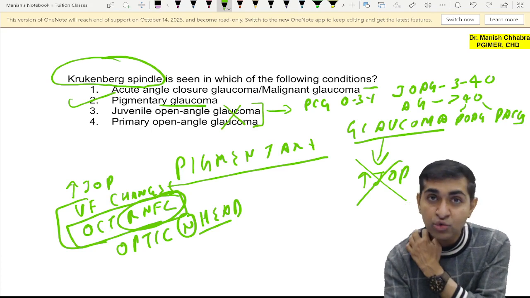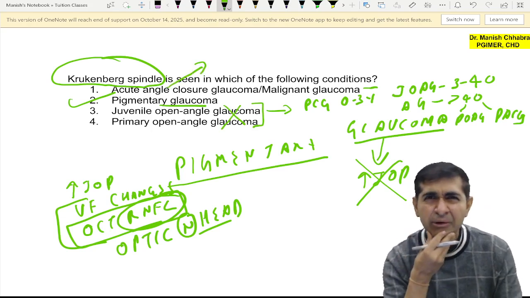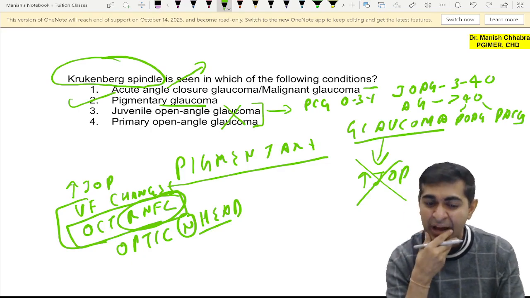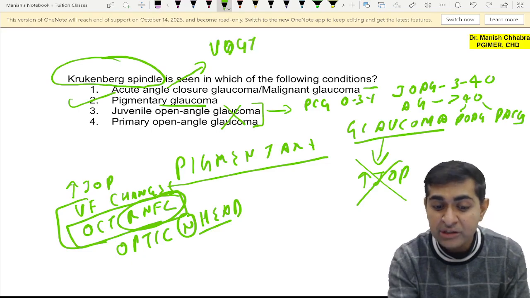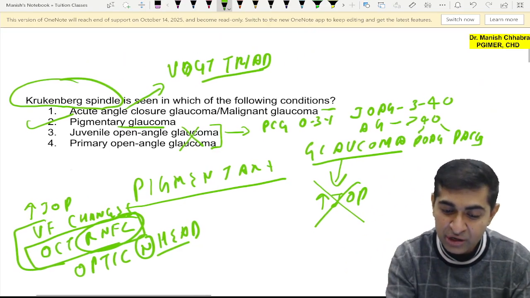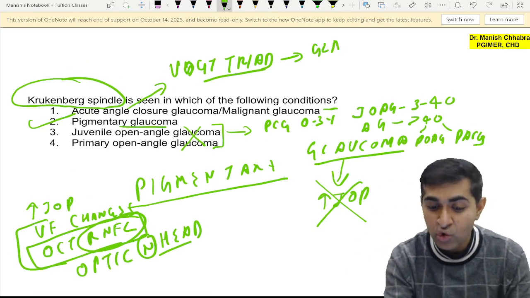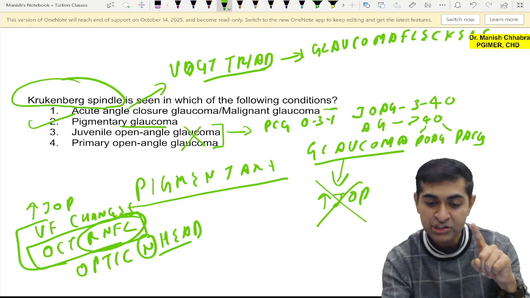Now what about acute angle closure glaucoma? You will say, sir, we have heard about some pigment in acute angle closure glaucoma. Boys and girls, that is your Vogt's triad, which actually tells about the previous attack of angle closure glaucoma. There is glaucomflecken, these are anterior lenticular opacities.